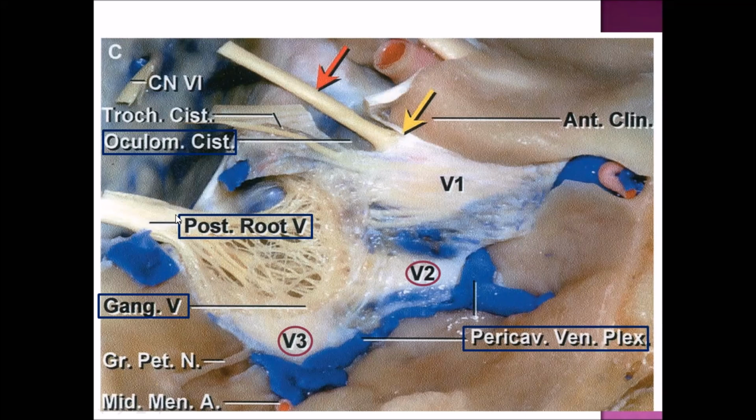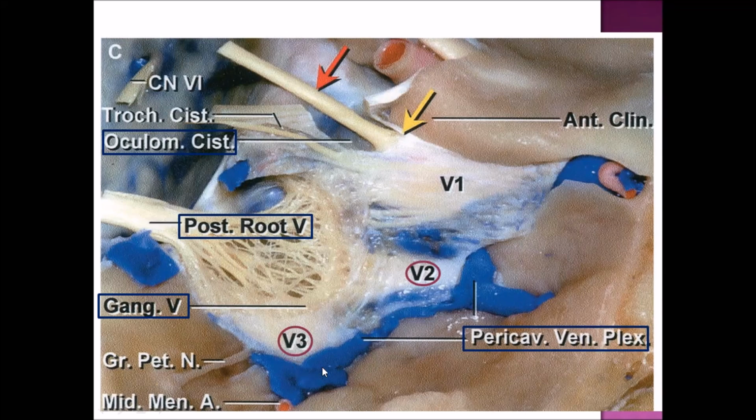And what you see is the dorsal root, the posterior root of the trigeminal nerve, and this is the fifth nerve ganglion, which then divides into V1, V2, and V3.